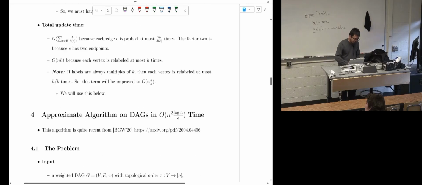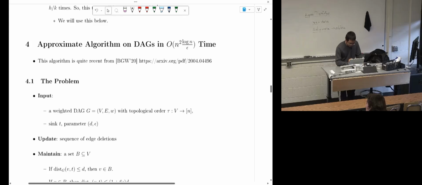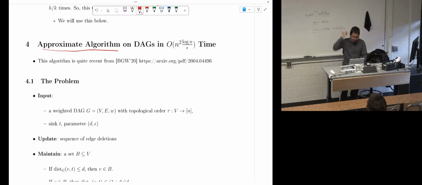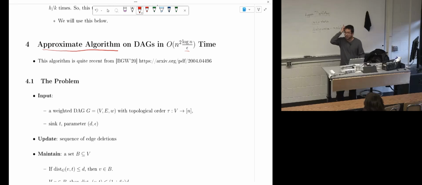This helps a bit because in class I presented an approximate decremental shortest path algorithm on DAGs, where this thing is epsilon squared. But we can actually get epsilon.